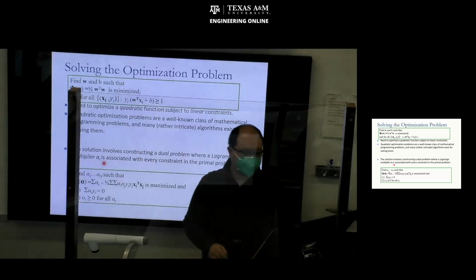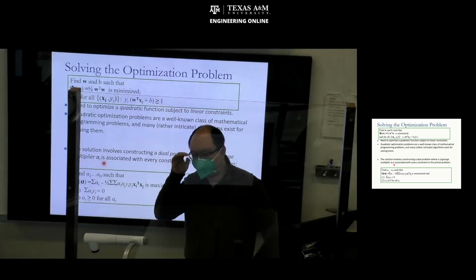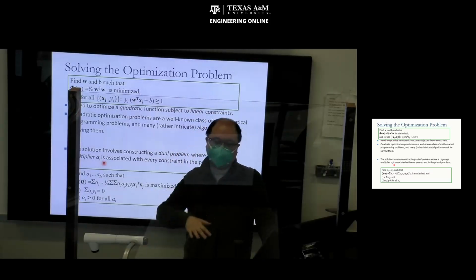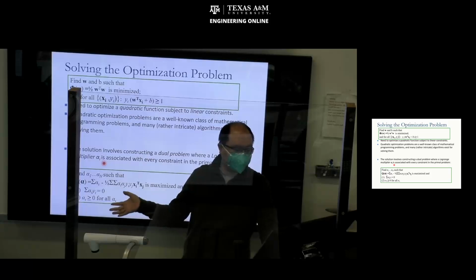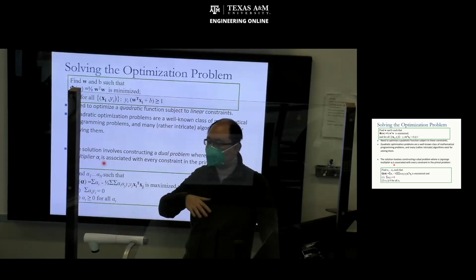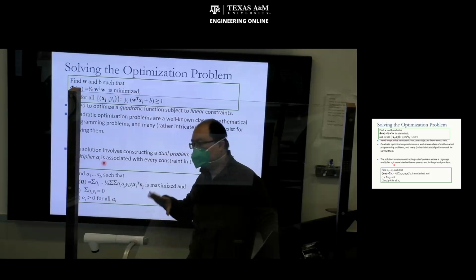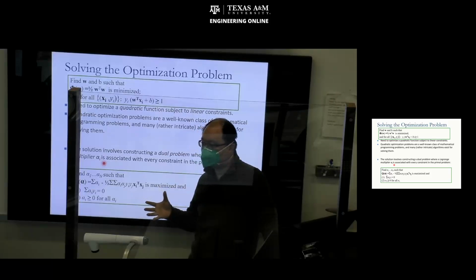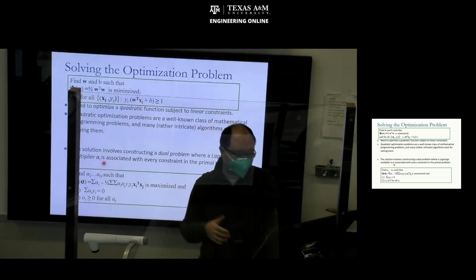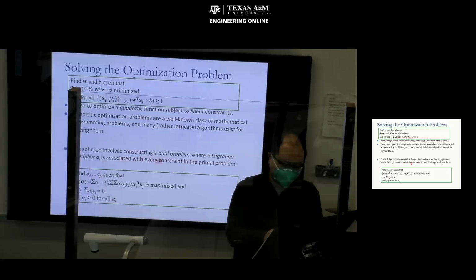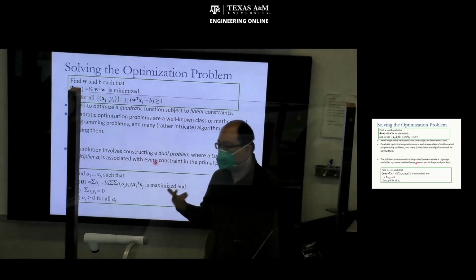In the primal world, you have constraints and the primal decision variables. In the dual world, the dual decision variables correspond to each primal constraint. That's a Lagrange multiplier associated with every constraint, okay?